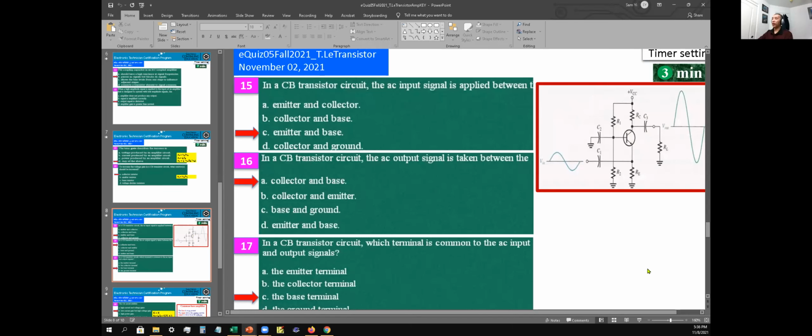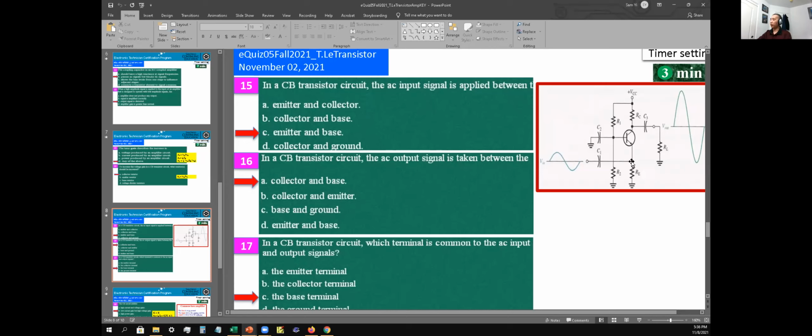All right, so number 15, in a common base transistor circuit, the AC input signal is applied between the... Okay, so it's a common base, so the base is right here, and your input goes to the emitter and base. Since the base is connected to common, that's why it's emitter and base.